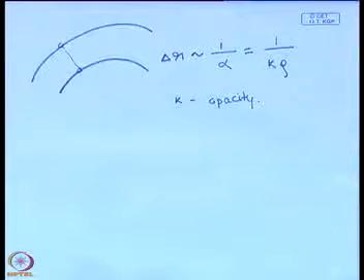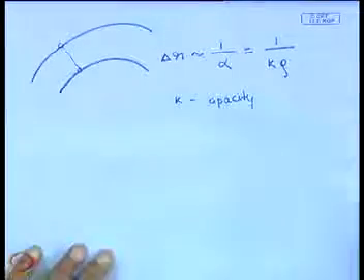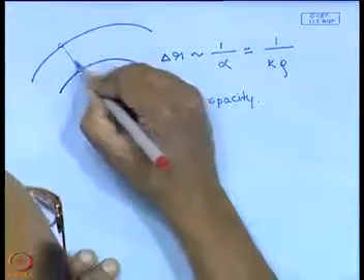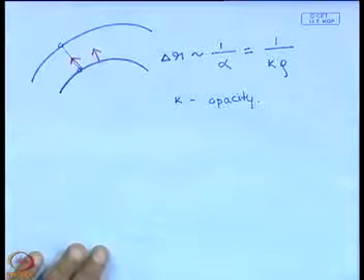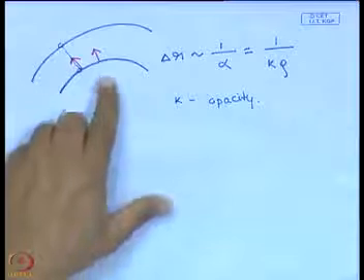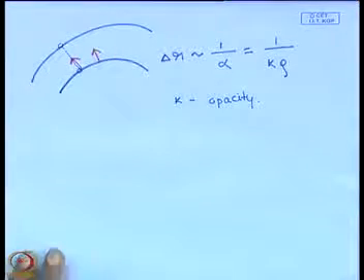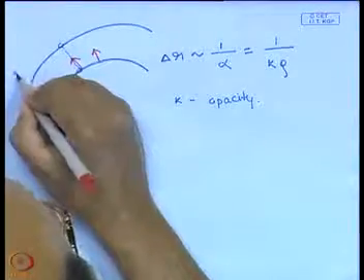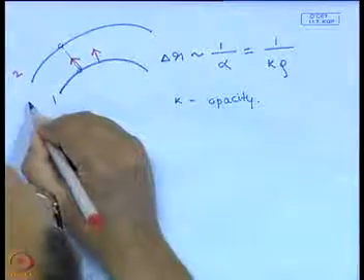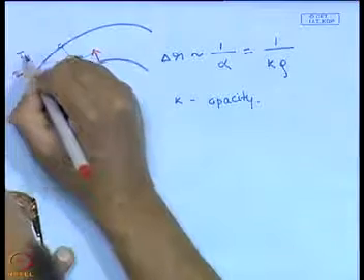Now, let us calculate the energy flux which is being radiated by this surface. We will call this 1, we will call this 2. The temperature here is T1, the temperature here is T2.